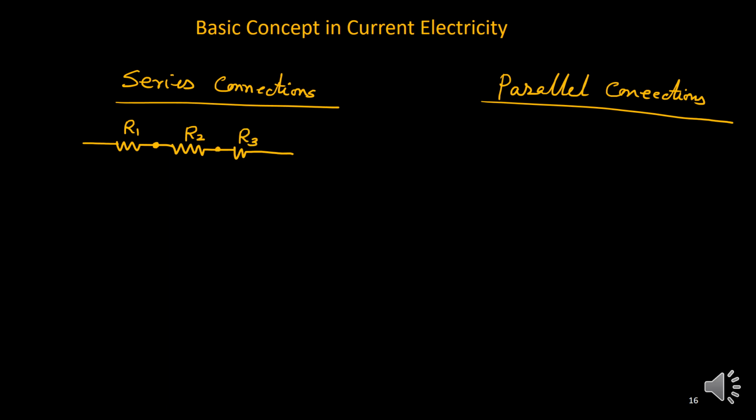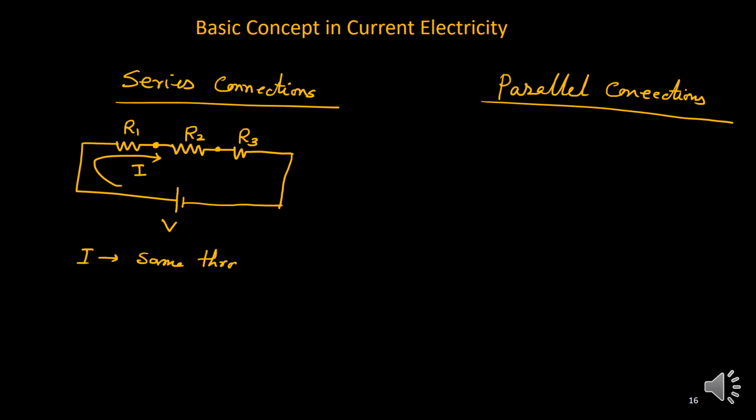Then if I add a battery source of capital V, in this circuit we will get a current flow, I. Now you can see that as the resistances are connected in series, you will get the same current I through all the resistances.